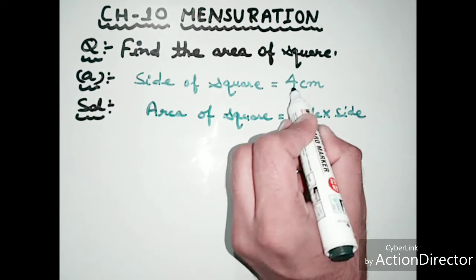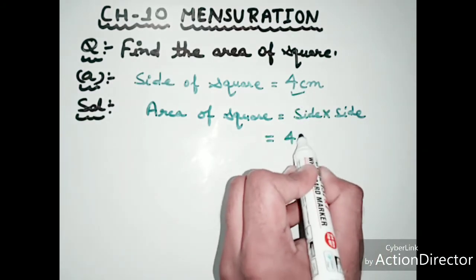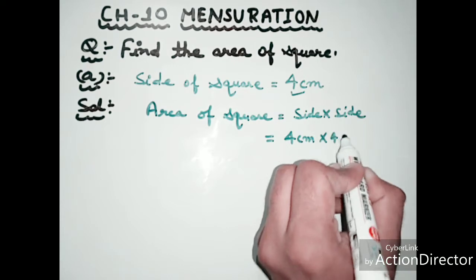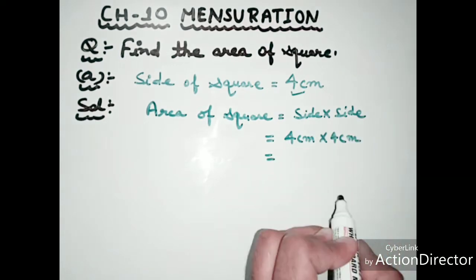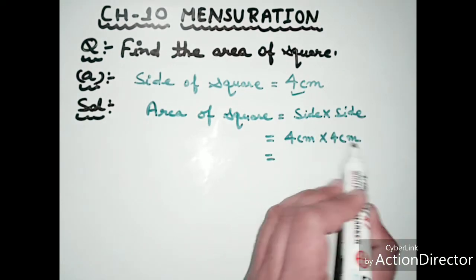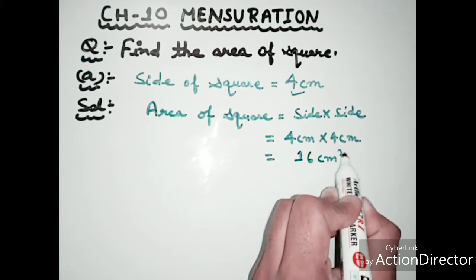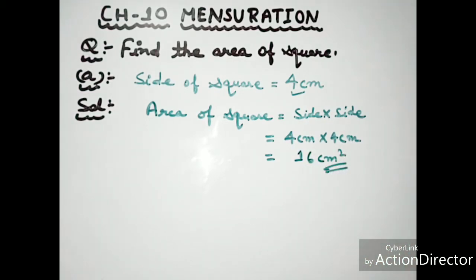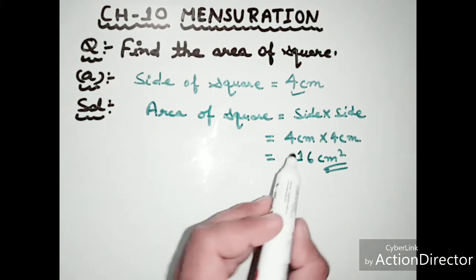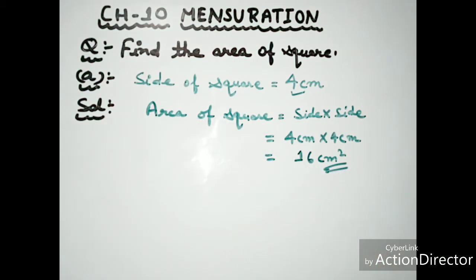So the value of side is 4 centimeter, so we write 4 centimeter multiplied by 4 centimeter, and we write the unit in square, so 4 fours are 16, and we write centimeter square. So the area of the square is 16 centimeter square.